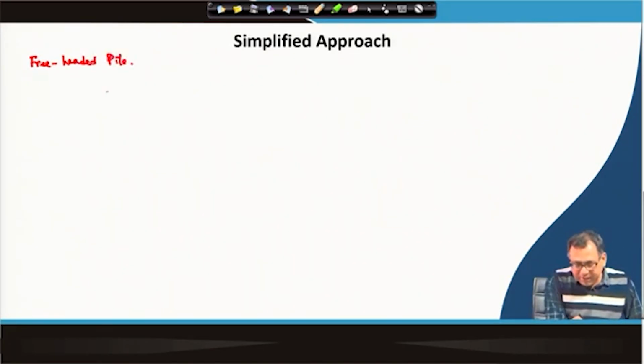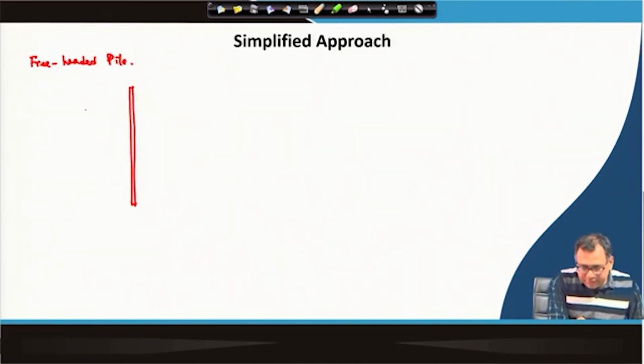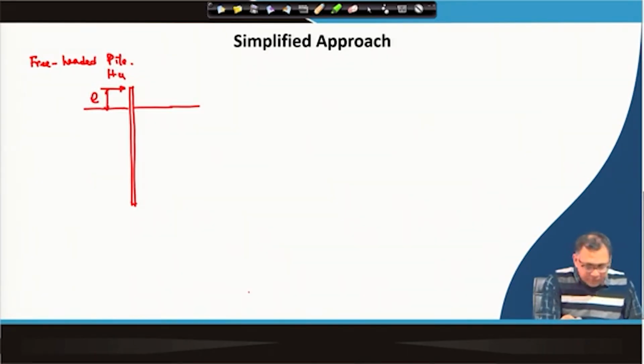So, suppose this is a free headed pile, this pile is subjected to a lateral load HU with an eccentricity E. So, there will be a moment also which is MU, which is nothing but HU into E.